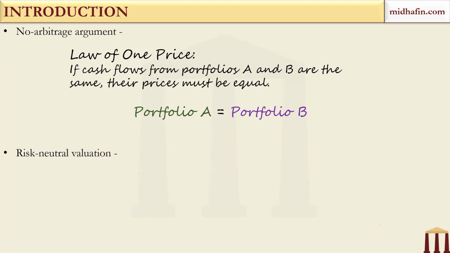The approach of risk neutral valuation simply assumes that all investors price assets as if they expect to earn an expected return equal to the risk free rate on all investments, regardless of the actual risks involved. So in a risk neutral world the expected return on every asset is equal to the risk free rate.